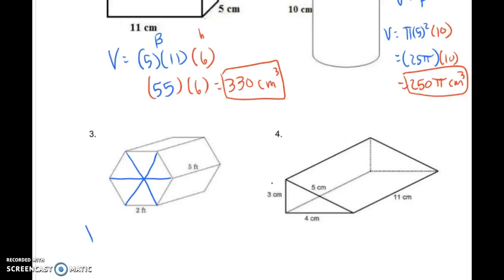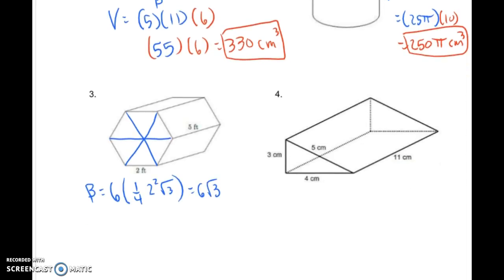Now, when I'm going to find the area of the base, I know there's 6 equilateral triangles. And for each one, we can use the formula 1/4 side, which is 2, squared, root 3. So 2 squared is 4, and 1/4 of that is 1. So it becomes 6 root 3 for the area of one base.